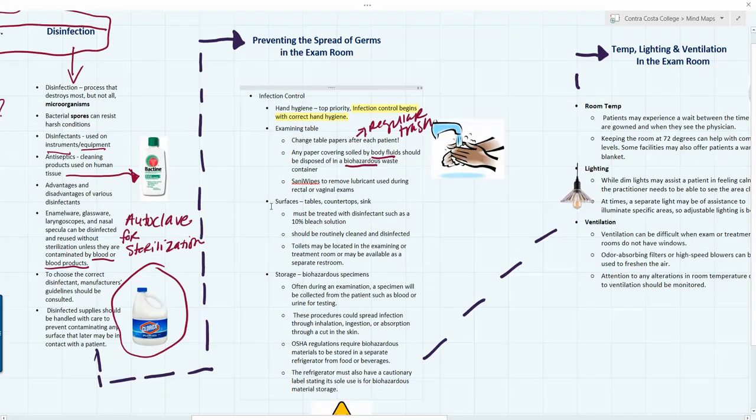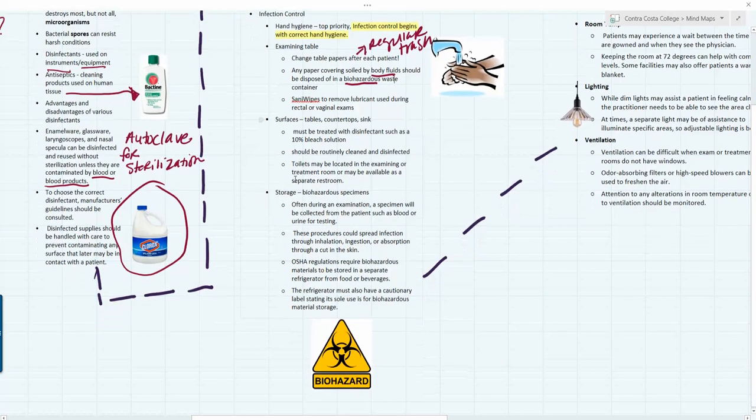And then lastly, in preventing the spread of germs in the exam room, we talk about storage of biohazardous specimens. So often during an exam, a specimen will be collected from the patient, such as blood, or we'll have them go and urinate in a cup so that we can do urine testing.